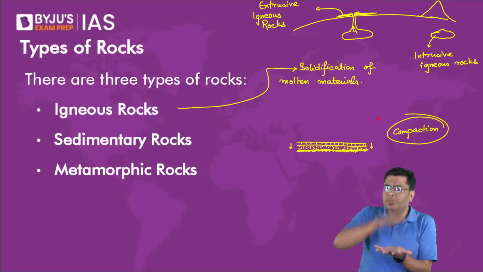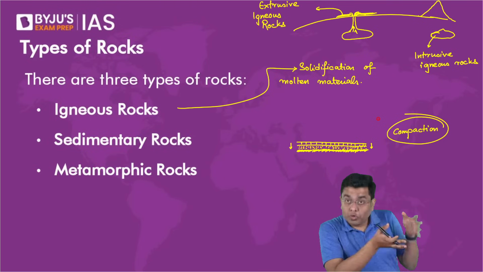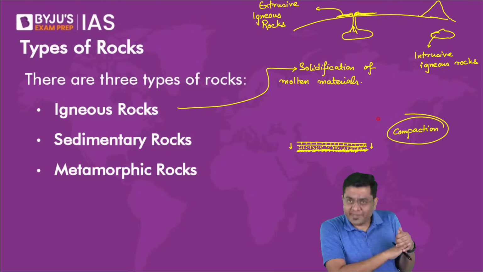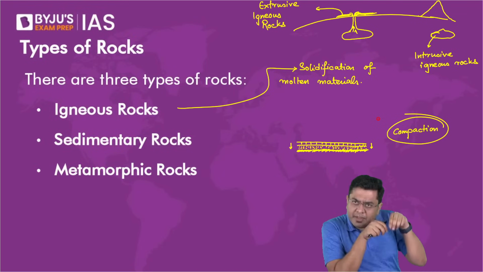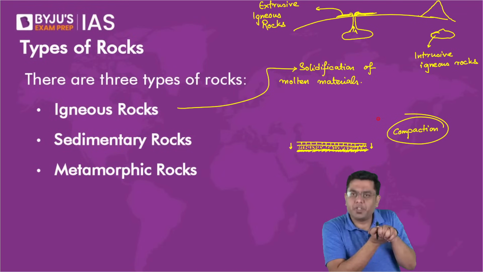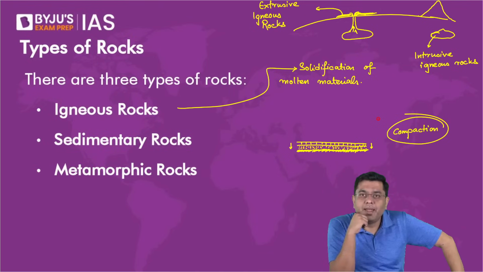Everything will be much more compact and concise. Eventually, through a process that is also referred to as cementation, they will solidify, where the various different minerals will combine with each other, they will solidify, and they will create a rock, and that is the sedimentary rock.